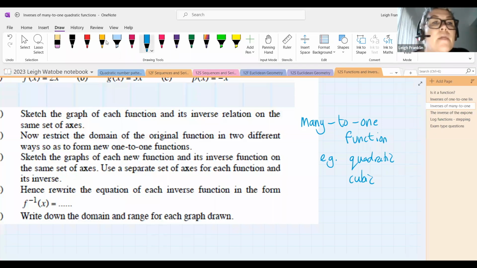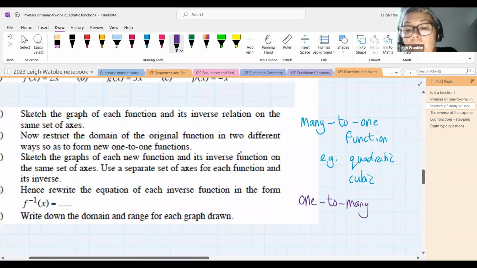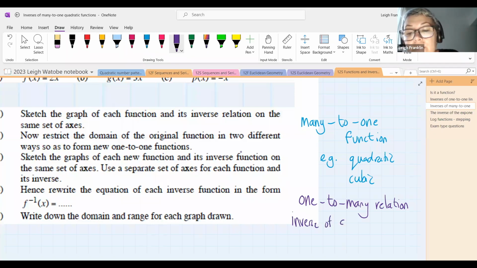Then we can talk about something that is a one-to-many relation. Do you see? I do not use the word function. And this is your inverse of your quadratic function. That is a one-to-many relation. So it all goes back to how many elements of the domain are associated with the elements of the range.